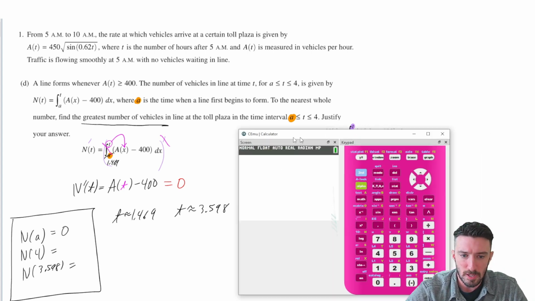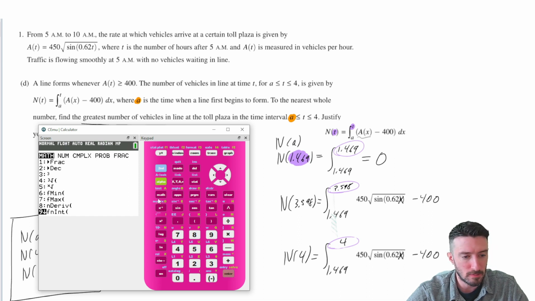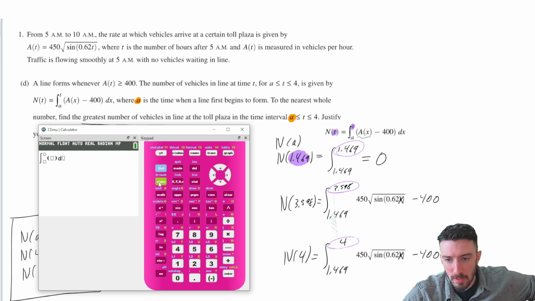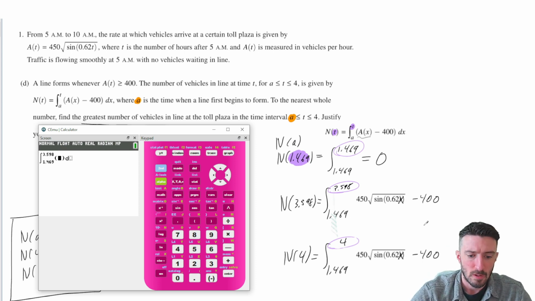So to plug these guys in, we have to hit the math button, and then we have to go down to option number 9. And I got to put 1.469 at the bottom of the integral, and then for the first one, it's 3.598. And then over here, I could type in the 450 blah, blah, blah minus 400.